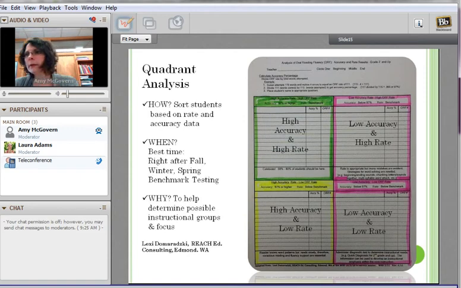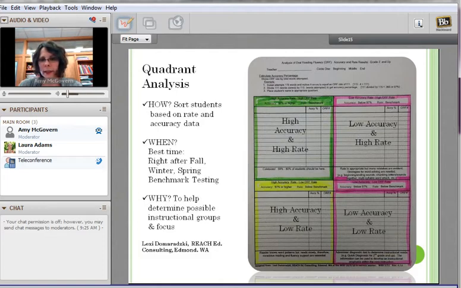We have, in the top left, the high accuracy, high rate. So I've given all my assessments, and the best time to really do this is right after a benchmarking period, fall, winter, or spring. But you can really pull this sheet out and use it as a thinking tool at any time in the year to reframe what your goals should be with specific students.